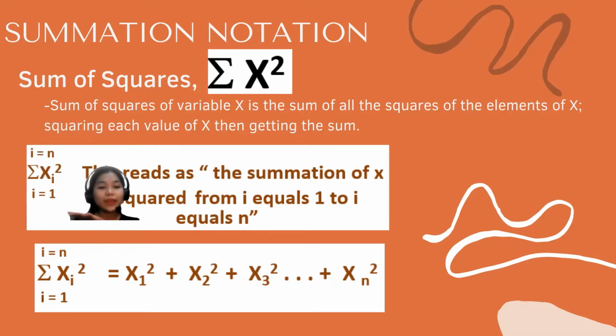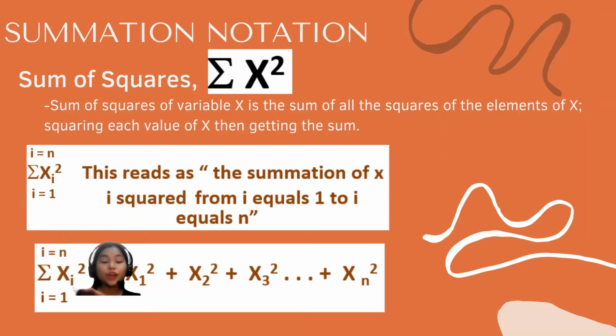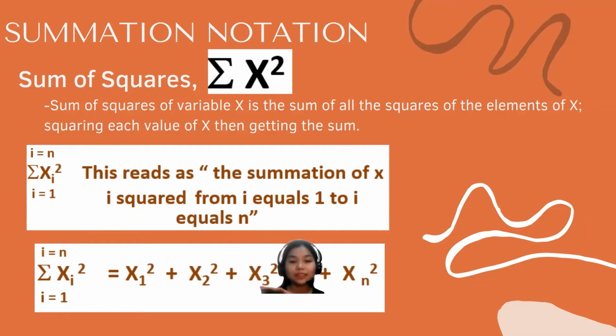So if we're going to expand this one, this is what I was telling you a while ago. The summation of xi squared as i goes from 1 to n is written as x sub 1 squared plus x sub 2 squared plus x sub 3 squared plus dot dot dot plus x n squared.